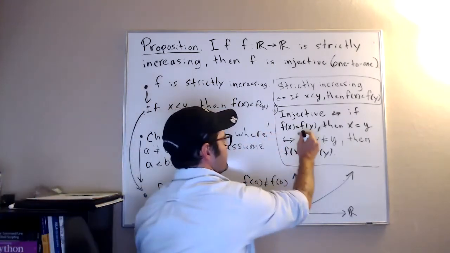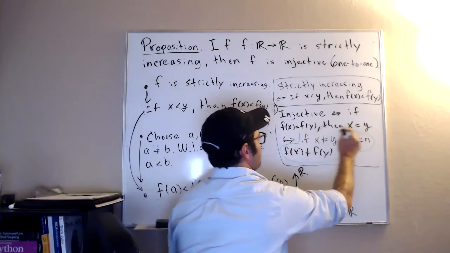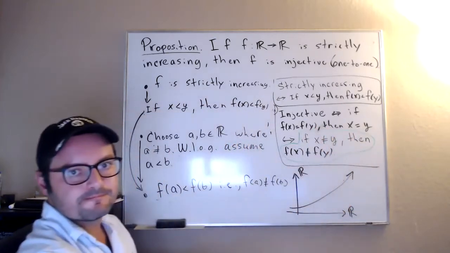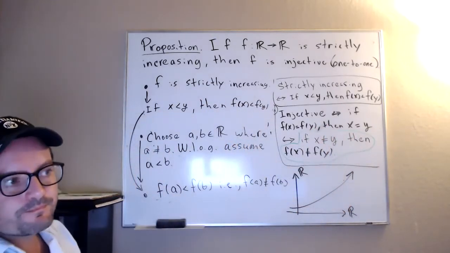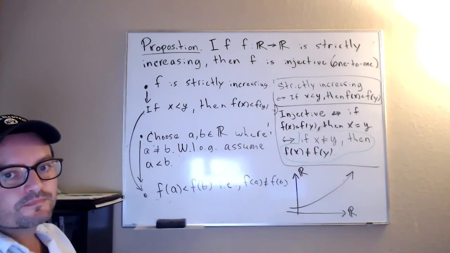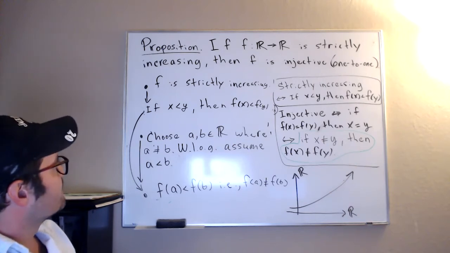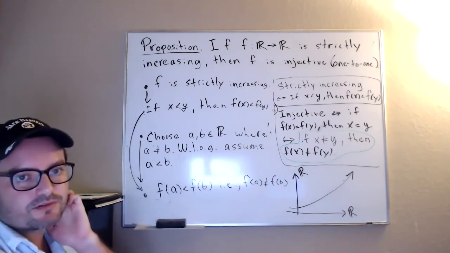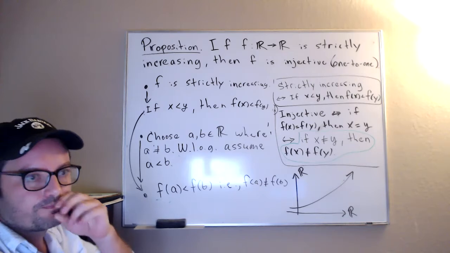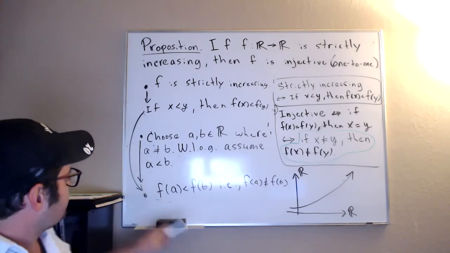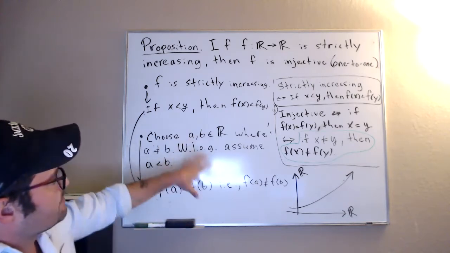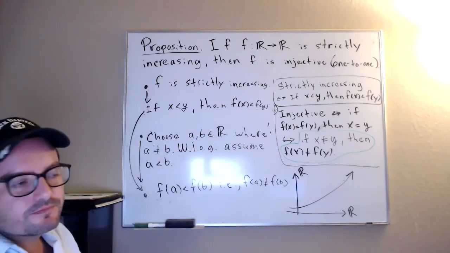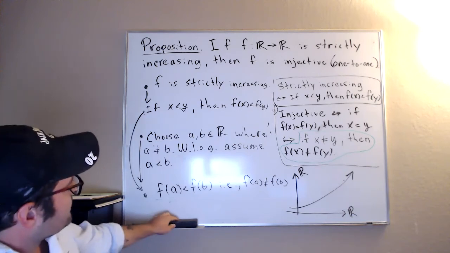It satisfies this definition right here. So this would be a way of doing it directly. These are kind of the pieces that we need, and we'll be able to do it.